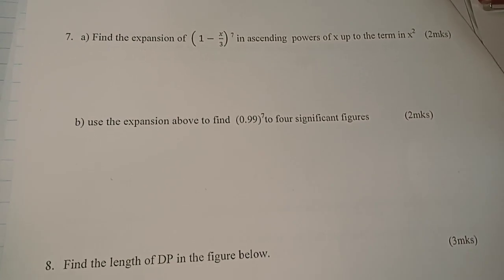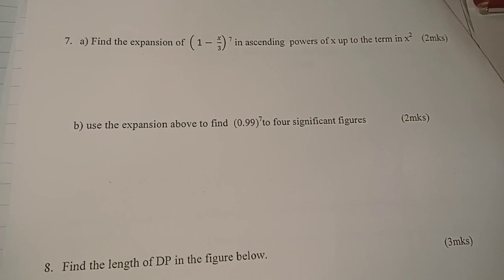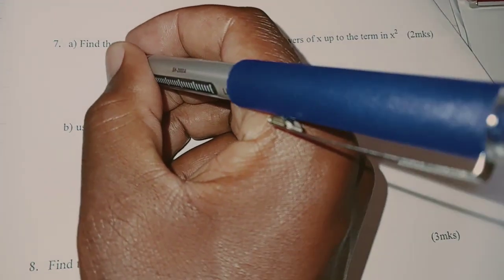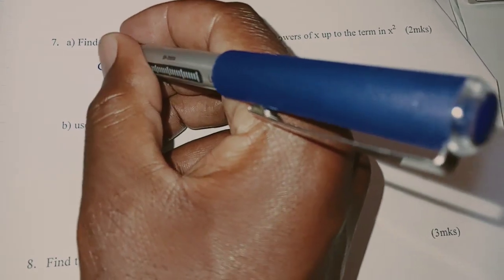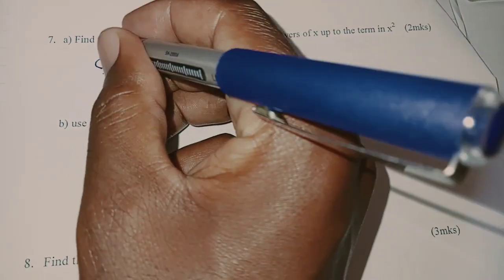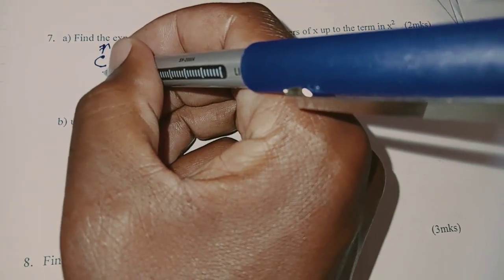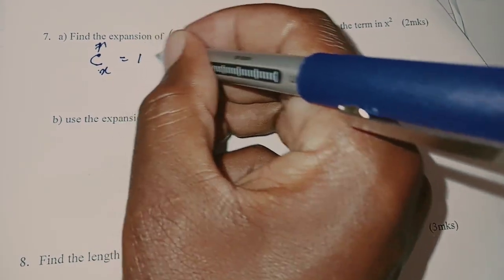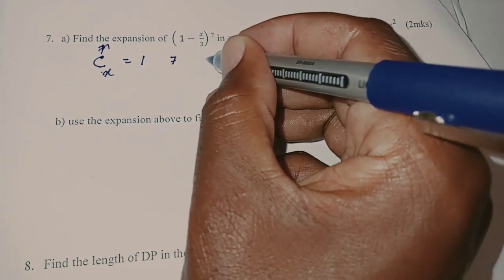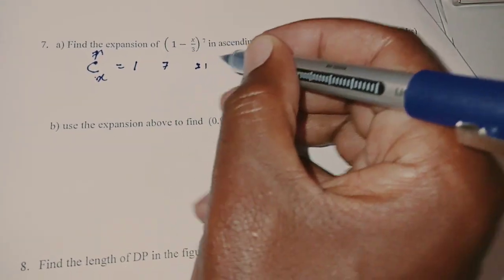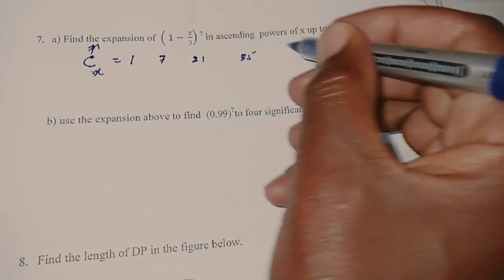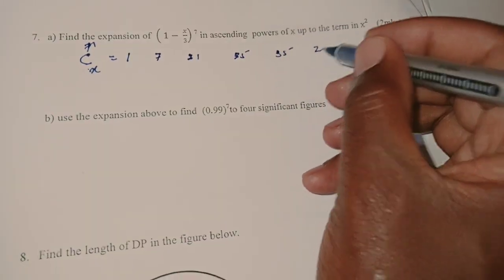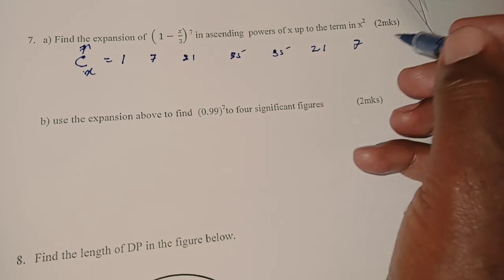Okay, so for you to do that question, you need to know how we write down the coefficients, and this is like 7, a situation where you say n choose x to get the coefficients. These coefficients are 1, 7, 21, 35, 35, 21, 7, and 1.